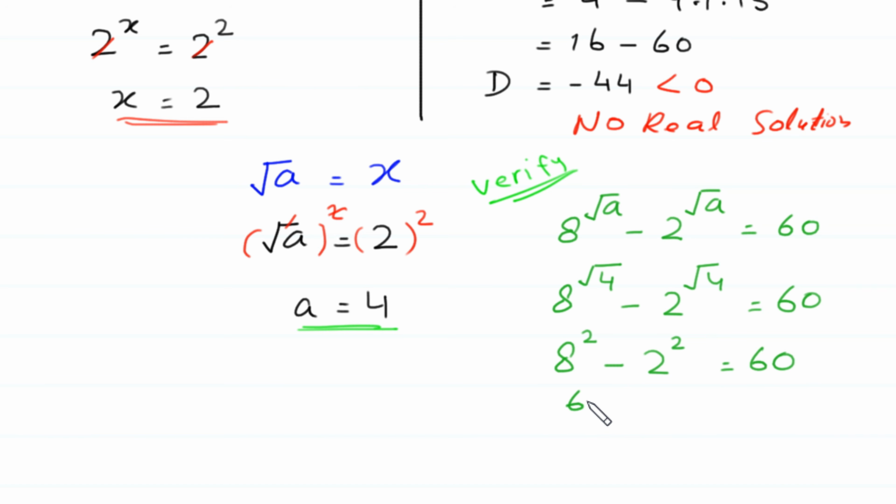Square of 8 is 64 minus square of 2 is 4 is equal to 60. 64 minus 4, 60 is equal to 60. You can see that left hand side is equal to the right hand side. So it is proved that the value of a 4 is correct.